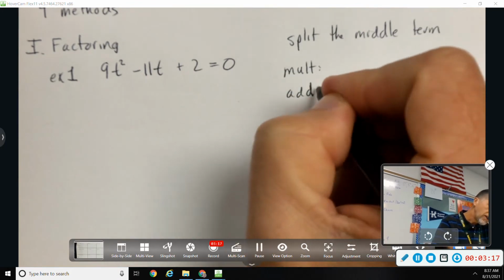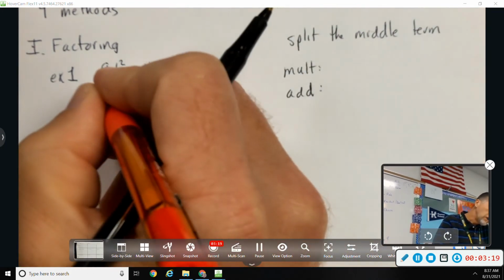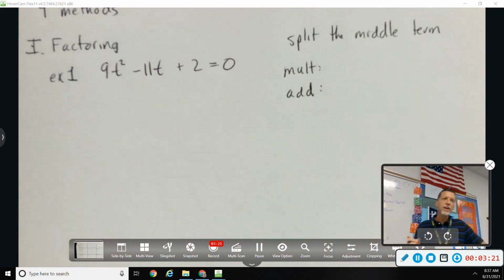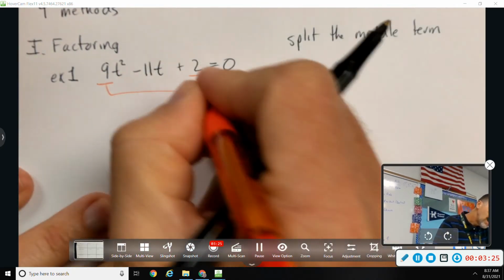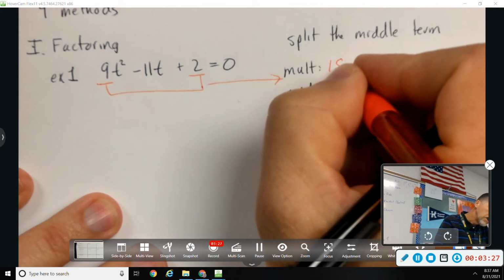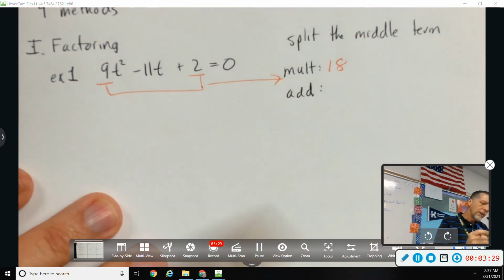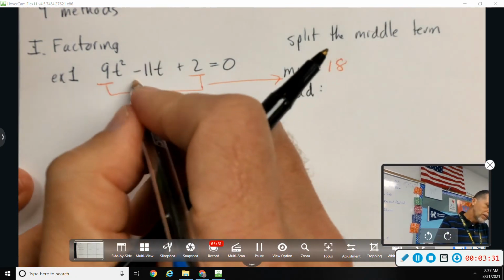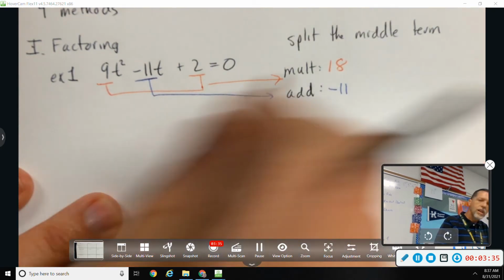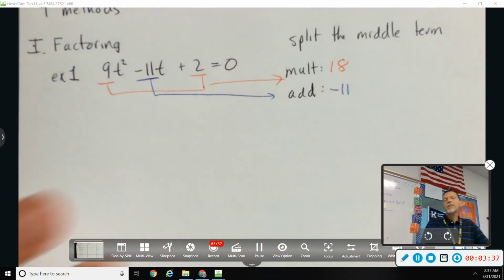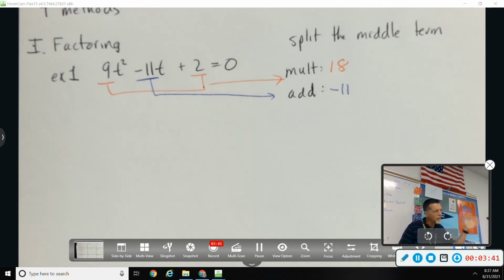So I want to find a number that multiplies to, what's my multiply target going to be? 18, good. So I want to multiply to 18, and I want to add to negative 11. Remember, factoring always has that little puzzle in it: what 2 numbers multiply to this but add to this. Negative 9 and negative 2.